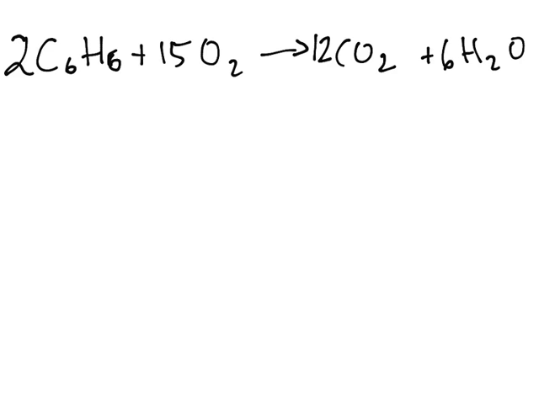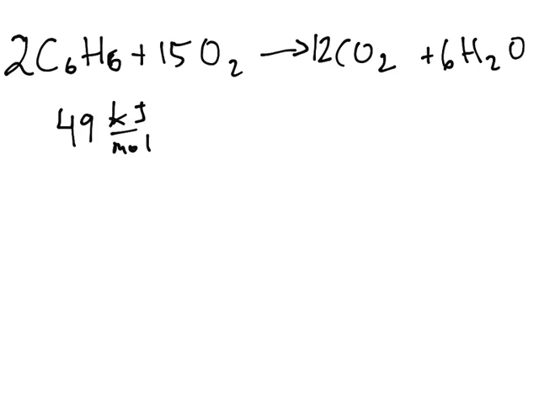And they also tell us the enthalpy of formation of each of the species. You'll usually be given it in a table, so you can just determine it. For the benzene, it's 49 kilojoules per mole.